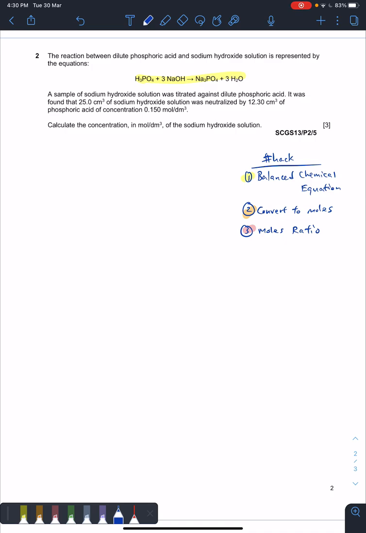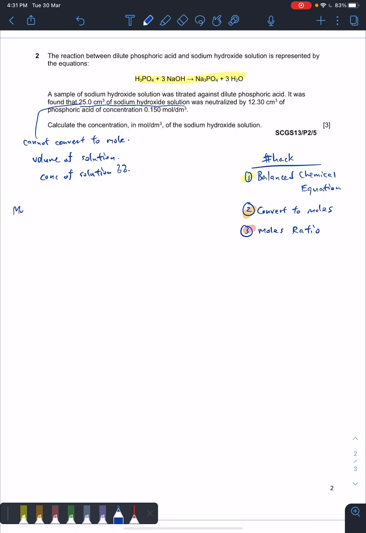Let's take a look one at a time. First, 25.0 solution. This cannot change to mole. Why? Because you actually have the volume of a solution. You do not have the concentration of solution. So things are missing. So you cannot convert. So be it. Whereas the other one you can convert.